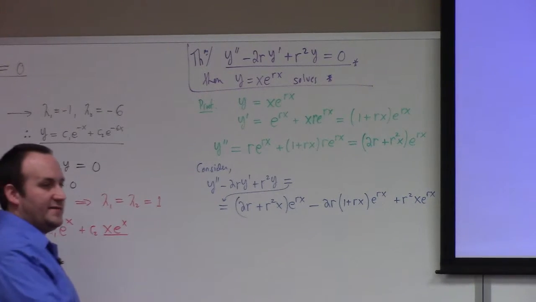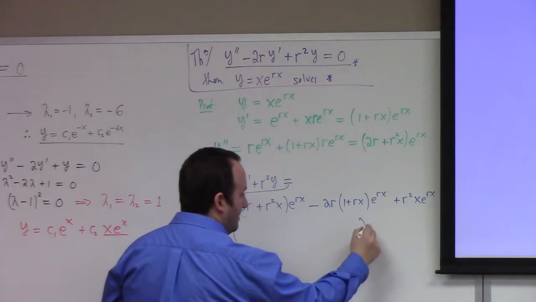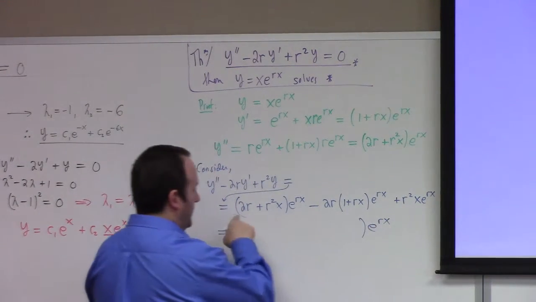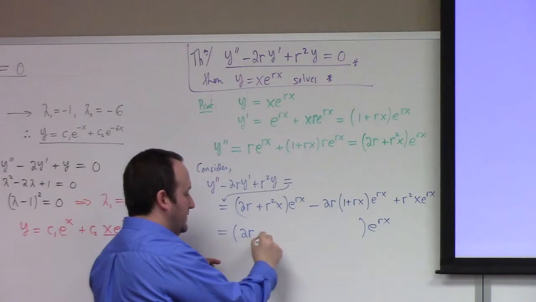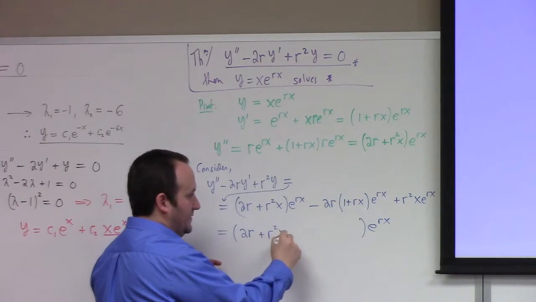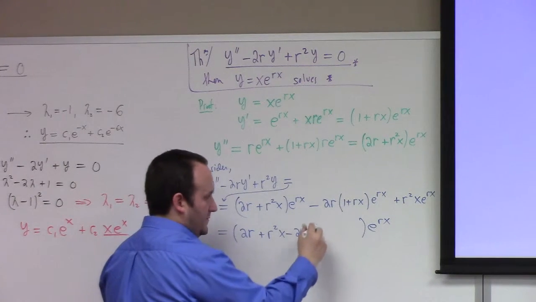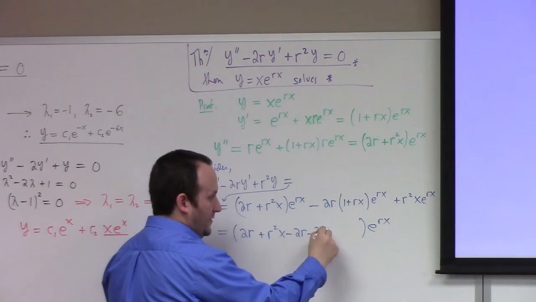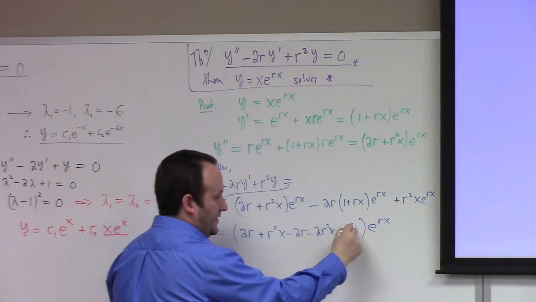So you can just factor out an e^(rx) and see what happens, right? We have here 2r plus r^2 x minus 2r minus 2r^2 x plus r^2 x.